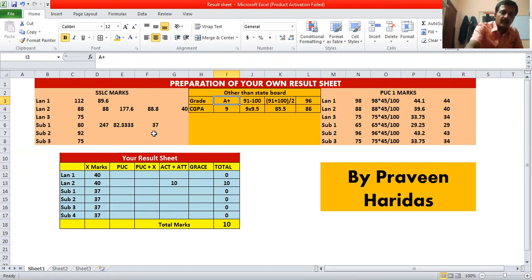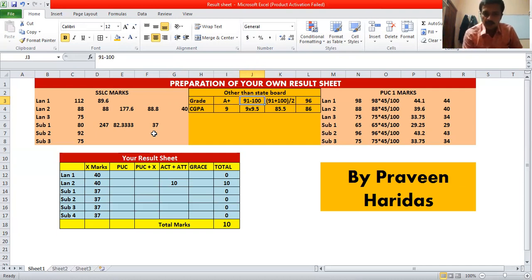You can see a student who got 9 CGPA has been converted by 9 into 9.5, which will be 85.5, and 85.5 is rounded off to 86, and this 86 will be converted into 45 by 100, and it will be mentioned in the particular subject. Like if it is a subject, the marks will be mentioned there, and if it is a language, the marks will be mentioned there.